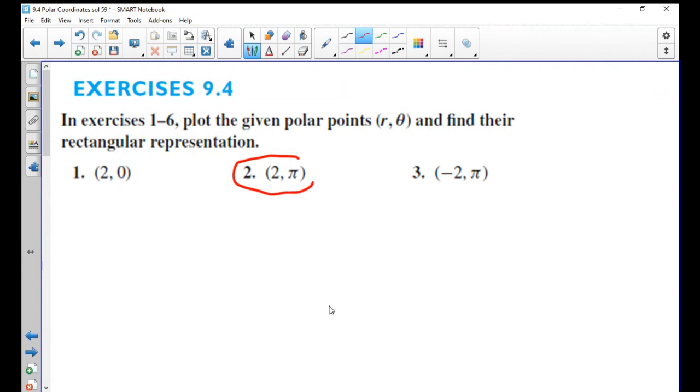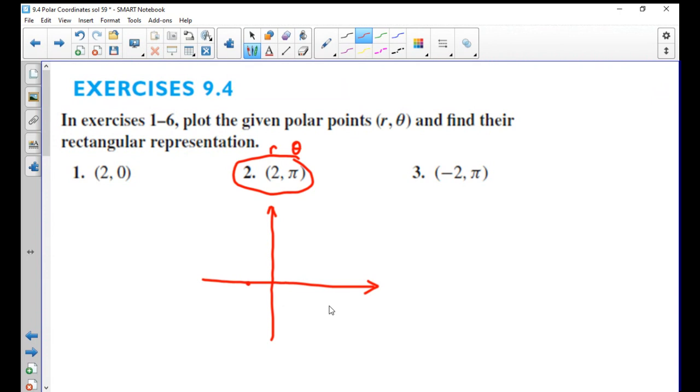Okay. Let's say we want to do this 2 here. Plot the given polar point, (2, pi). So what is this point, (2, pi)? This is r, this is theta. So what is this point? It's on the negative x-axis. And what is its distance from the origin?